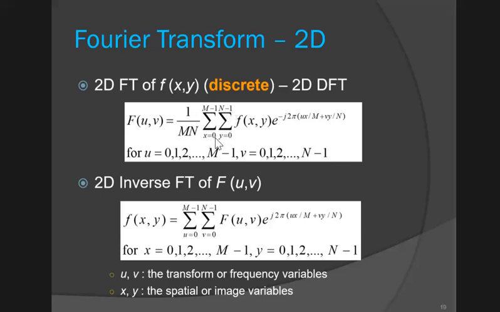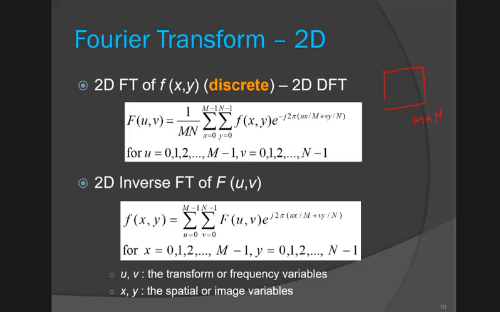Here x is varying from 0 to M minus 1 and y is varying from 0 to N minus 1, as we are considering the size of our image to be M by N. So the summation of f(x,y) e raised to the power minus j 2 pi (ux divided by M plus vy divided by N), where u will vary from 0 to M minus 1 and v will vary from 0 to N minus 1.